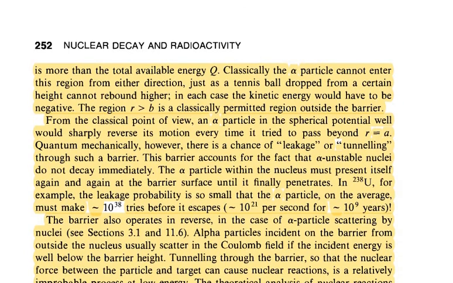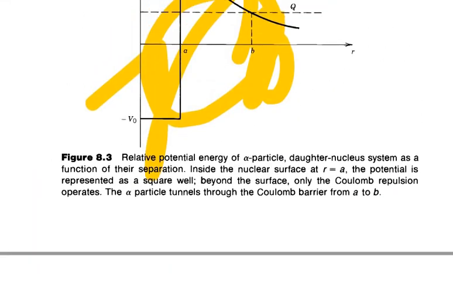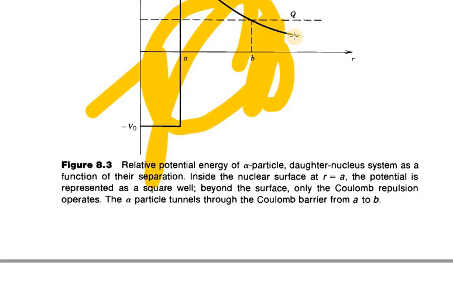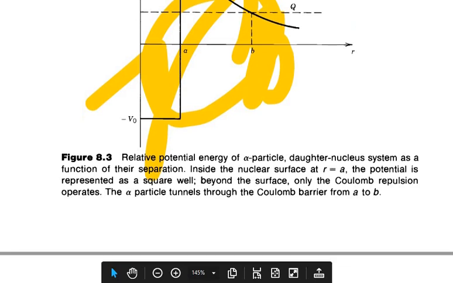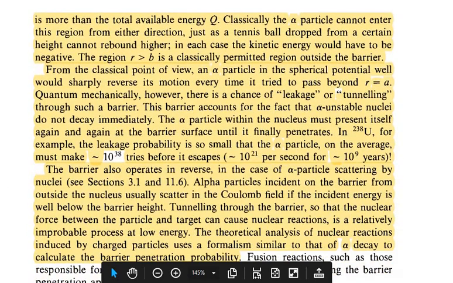Then the third region is R greater than B. So we have three regions: first, second, and third. This region where R is greater than B is a classically permitted region outside the barrier.